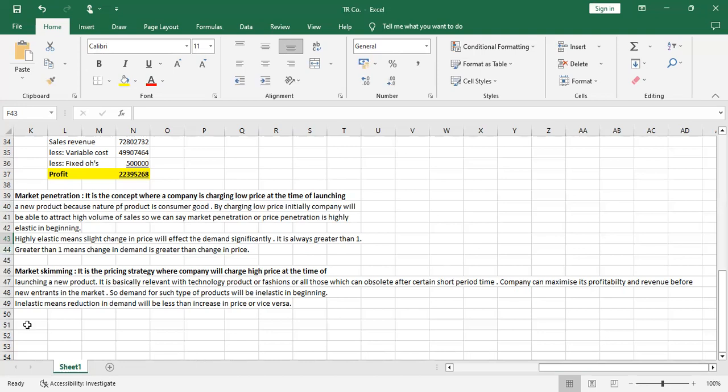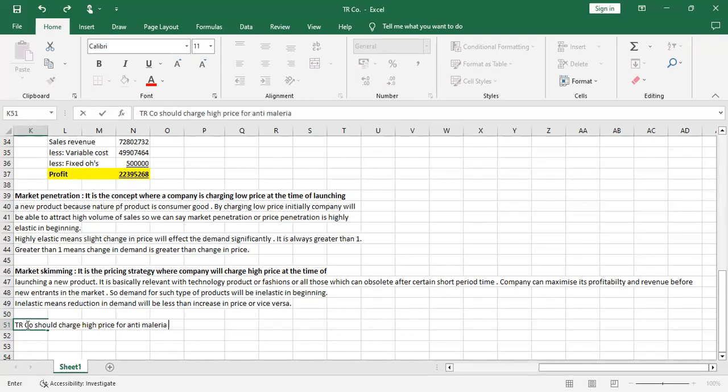So at the end, we can say TR company should charge high price for anti-malaria drug during the patent time.